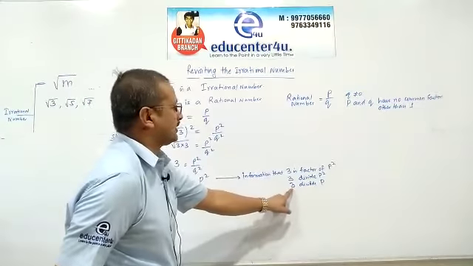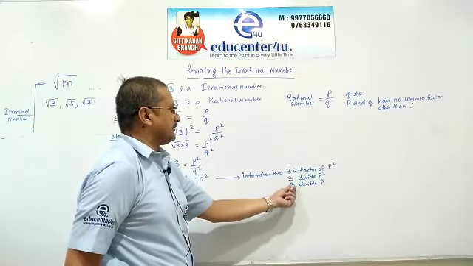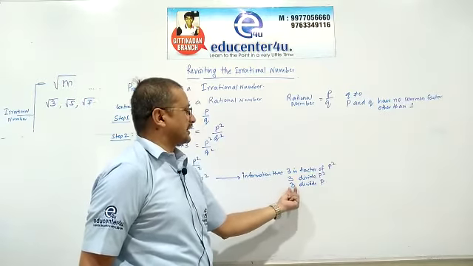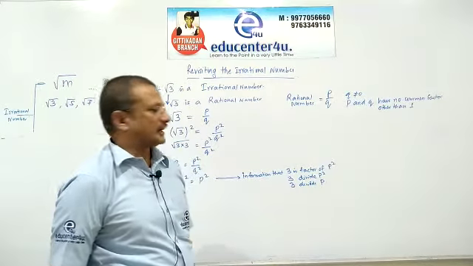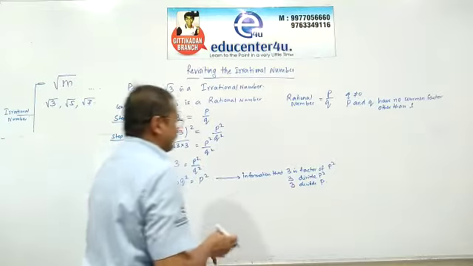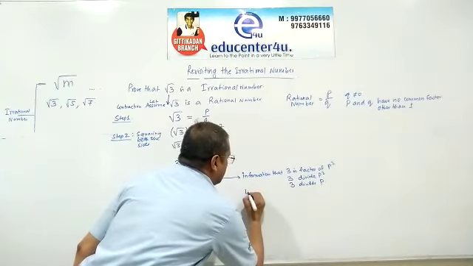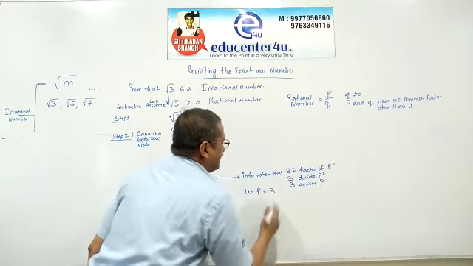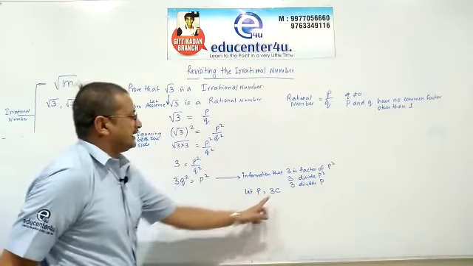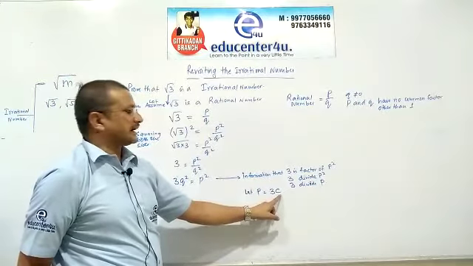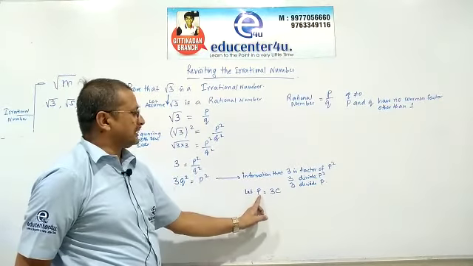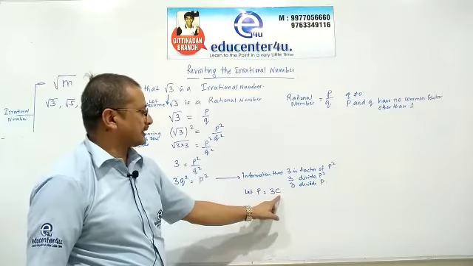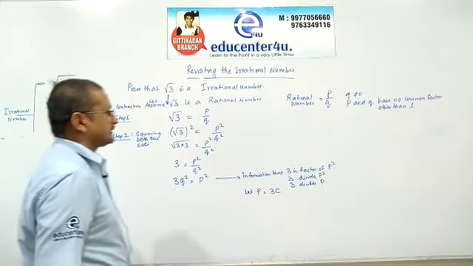Let p be a multiple of 3, in terms of 3 with any integer. So p is equal to 3c.